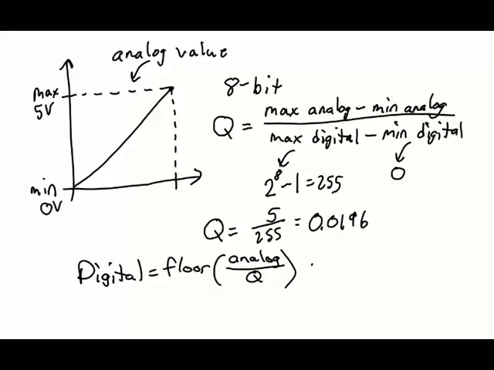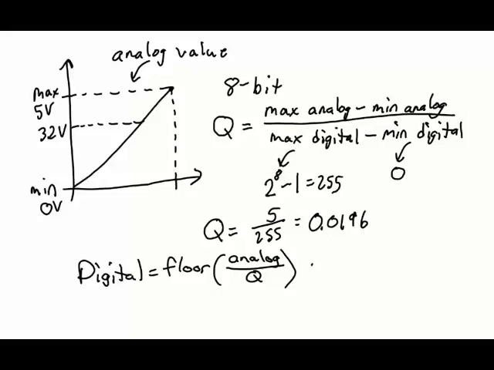So, for example, let's suppose that we're using a 0 to 5 volt analog sensor and we want to convert the analog value 3.2 volts. We've already calculated our Q value, assuming that we're going to store the value as an 8-bit digital value.